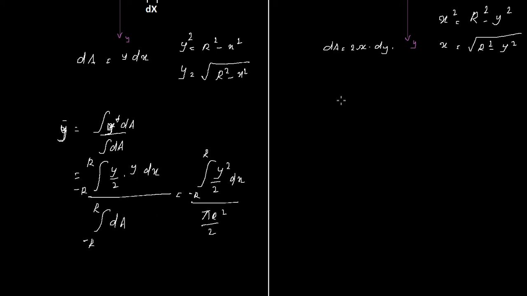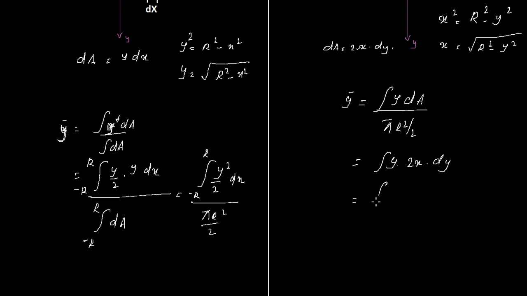And in this case you have y bar is equal to integral y dA over again pi r squared by 2. Let's keep this term away for the time being, again, that will simplify your equation. dA is 2x dy, so that is equal to integral y into 2x dy, whereas x equal to root of r squared minus y squared.